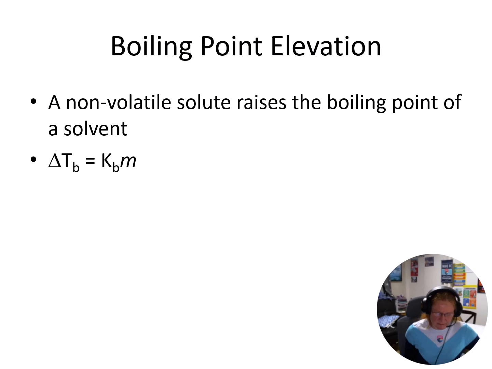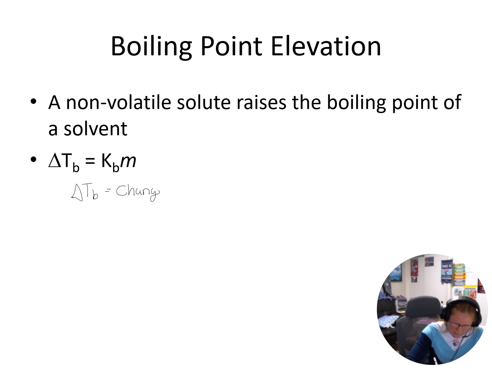Now, when we look at this, we also change our boiling and our freezing points. So we get this equation here: delta T is equal to K sub B times the molality. The delta T is the boiling point elevation, so the change in boiling point, and it goes up.